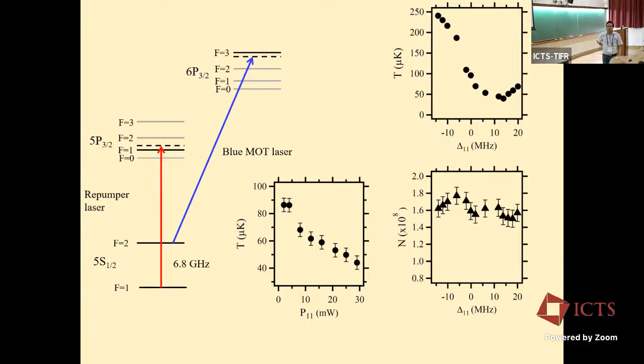Just trying to understand. Is the conclusion that what is happening is not mainly sub-Doppler cooling, but dark state cooling? Yes, that's the conclusion, right? Because the temperature keeps going down. You also showed 20 microkelvin and all that. So that seems to suggest that most of the cooling is done by pushing the atoms to some dark state.